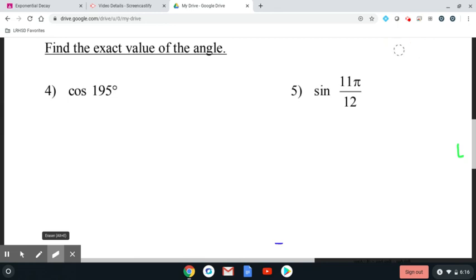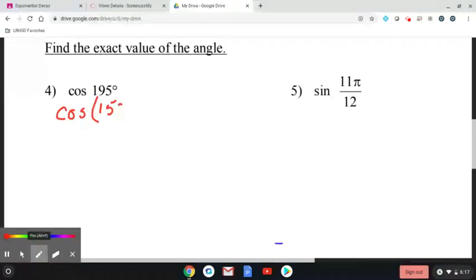So what we want to do is break up a non-special angle into two special angles that we know how to work with. So if we have cosine of 195 degrees, what we can do is split this up using our special angles into cosine of 150 degrees. Oh, hold on. Forgot my 0.